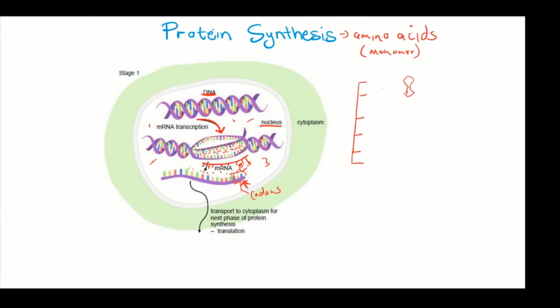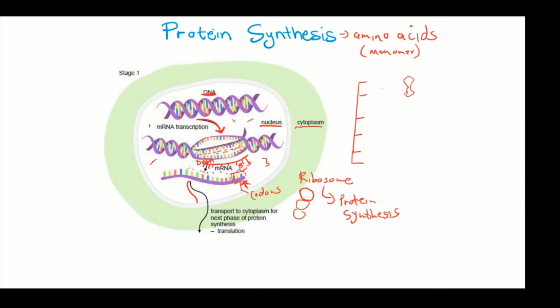So once the code is received from the DNA, the mRNA will move outside of the nucleus to the cytoplasm and straight to the ribosomes, which are found outside of the nucleus. And remember that ribosomes are important in protein synthesis.